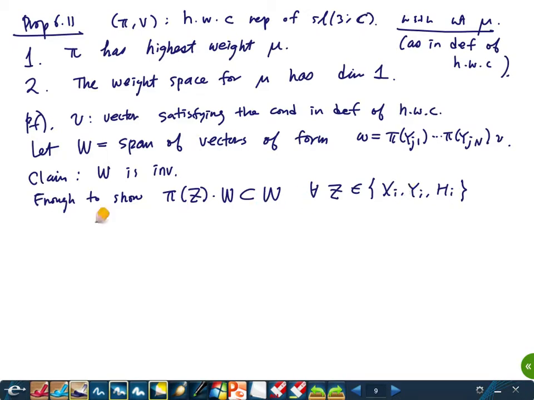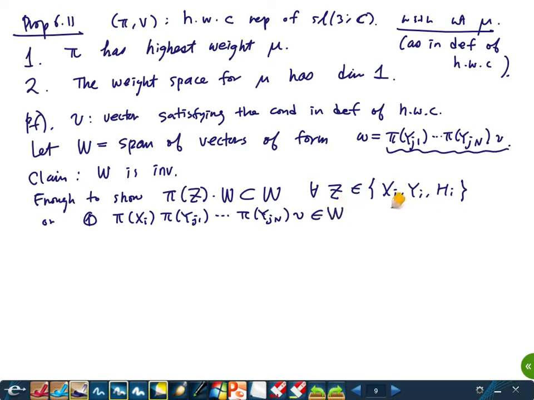But is that true? Or equivalently, first pi xi. But every basis element here must be of this form. Is it enough to show that if you apply pi xi to one of these, then it's still in this form, or some of those? For all i from 1 to 3, right?